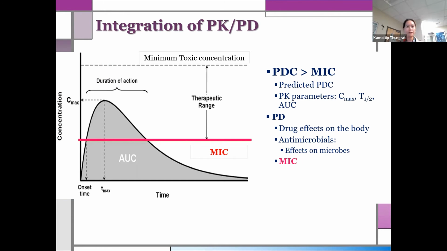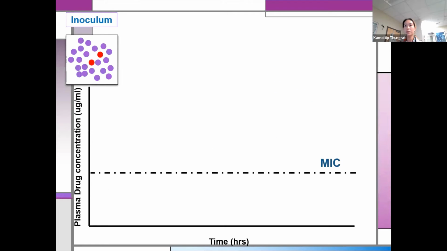Let's say we agree that plasma drug concentration needs to stay above the MIC. And how high? Let me show you one principle here. This is a bacterial inoculum that causes infection. The purple dots represent the susceptible isolate, and the red dots represent the resistant isolate.